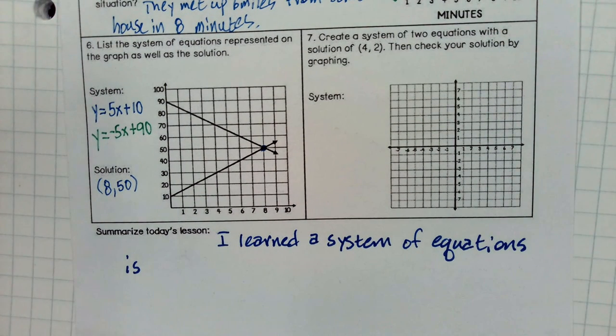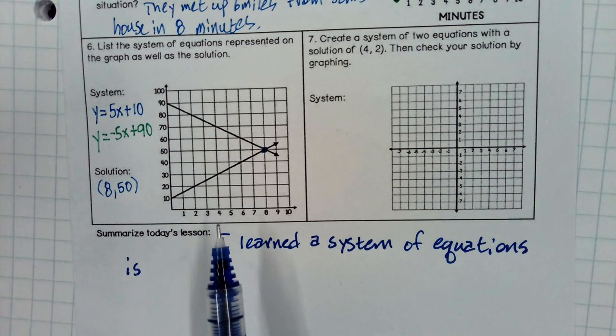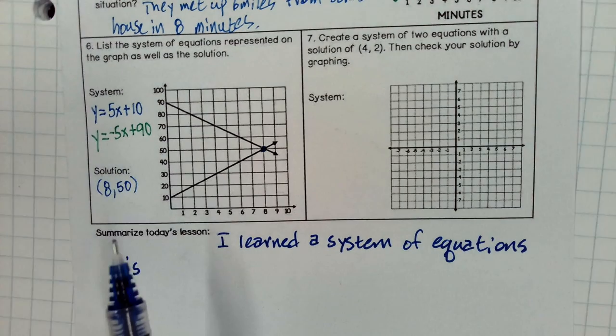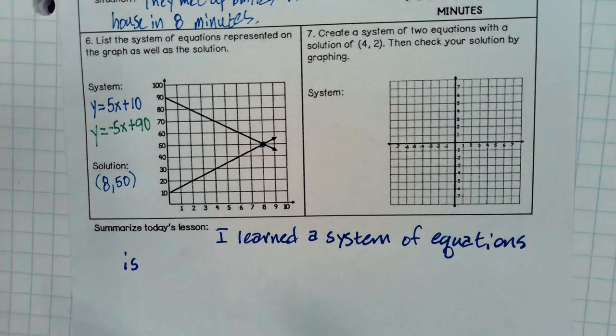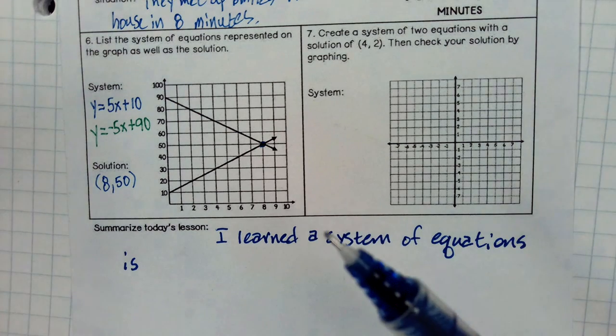What is a system of equations? What do we have there? That's a system of equations right there. How many equations do we have?